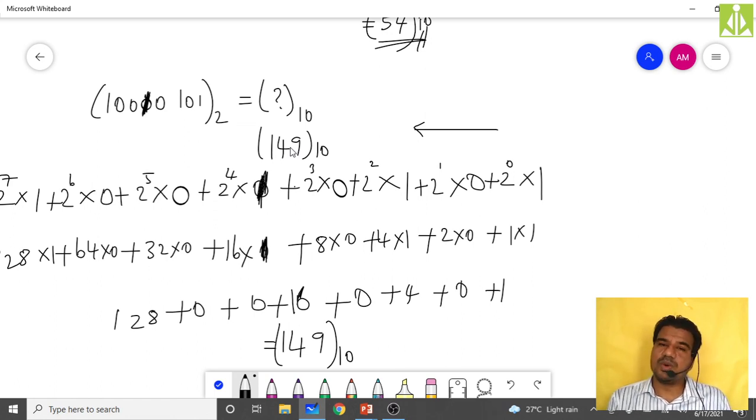Once we discuss negative number representation, that means if you have a negative decimal number, how you can convert it into binary, and how you can convert a negative binary number into decimal, that we will see in tomorrow's session. Okay, so thank you very much, students.